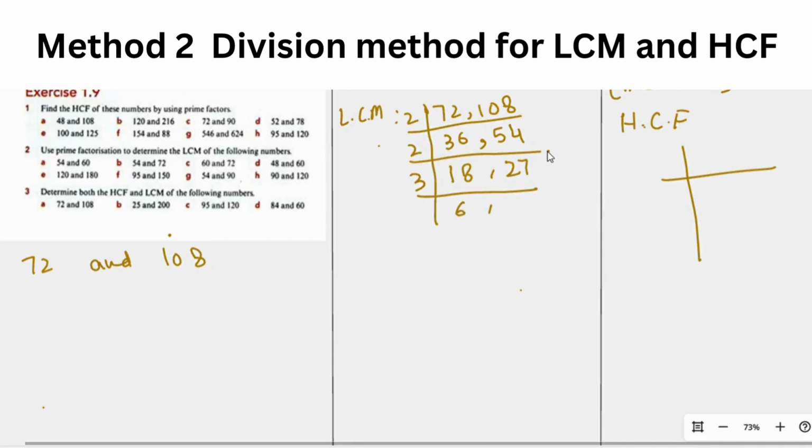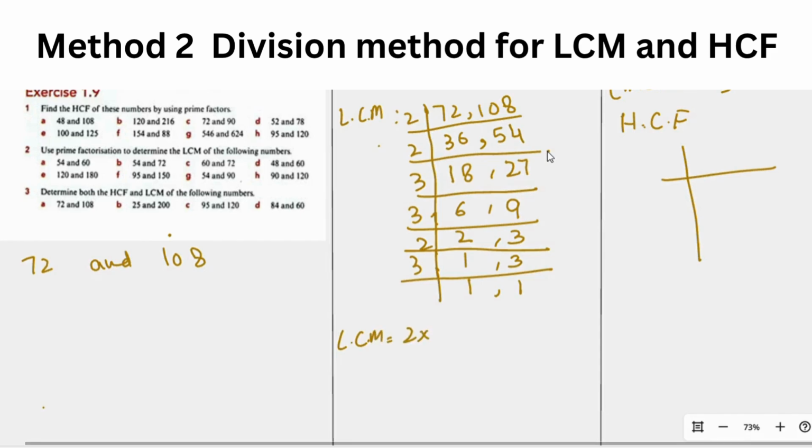Students, you need to continue dividing the dividend until you reach the quotient of 1 on both numbers. So our LCM will be the product of these divisors, the prime factors.